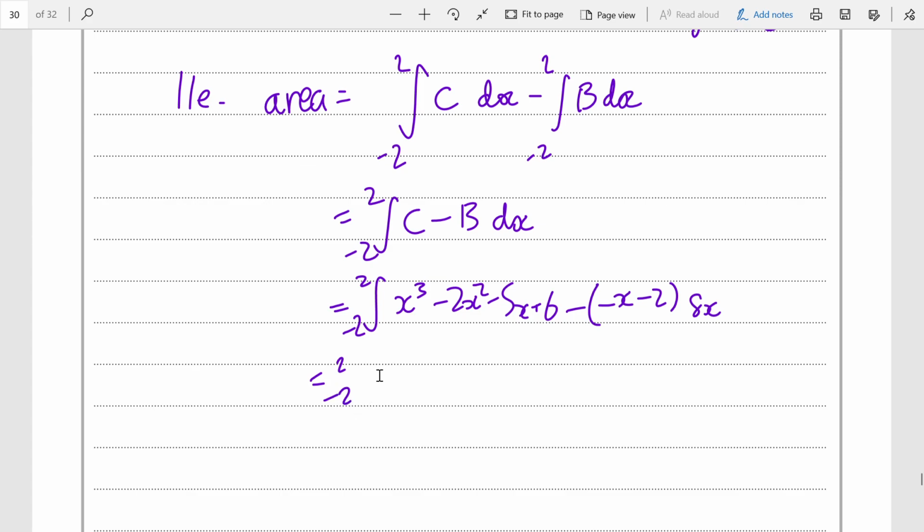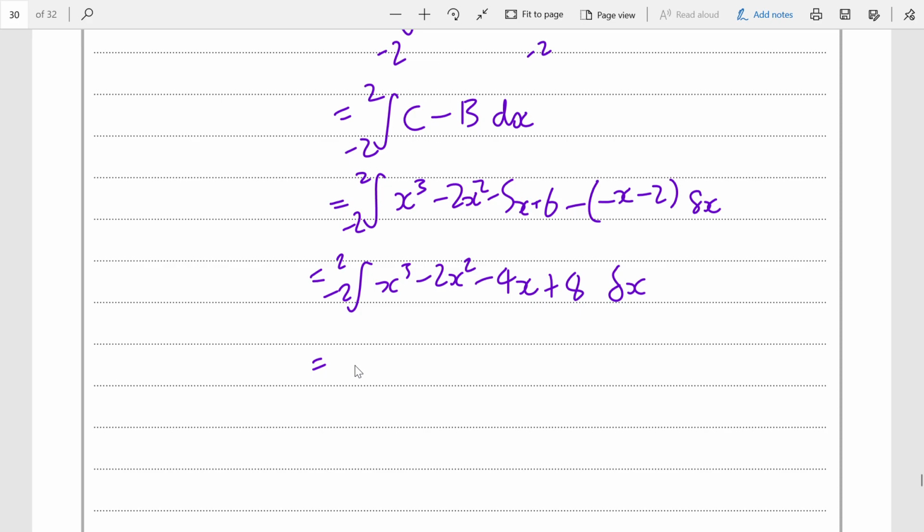Or in this case it would be x cubed minus 2x squared. Well, minus 5x minus x would be minus 6x, and then plus 6 plus 2, which would be 8. So this integral dx.